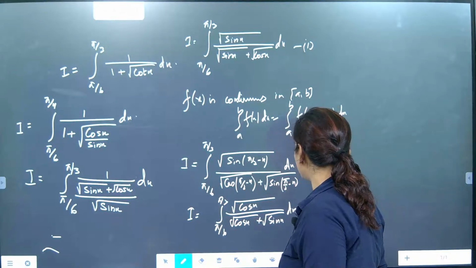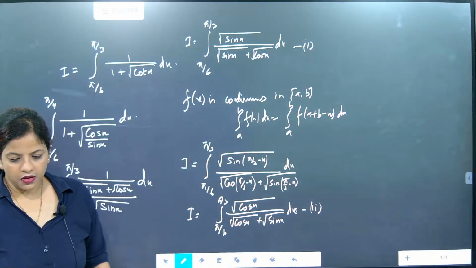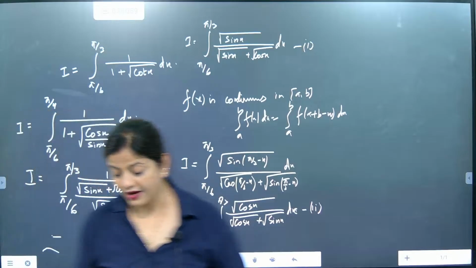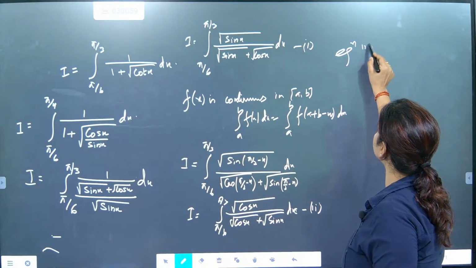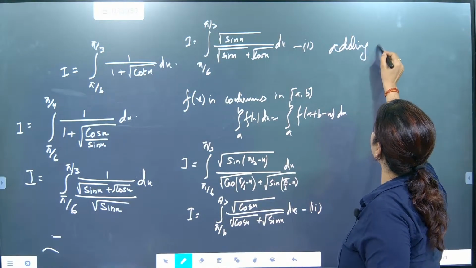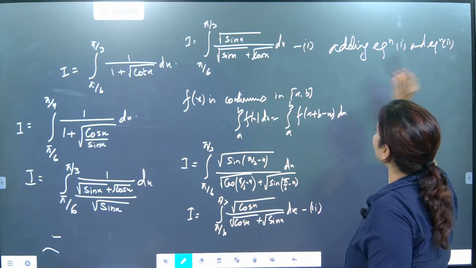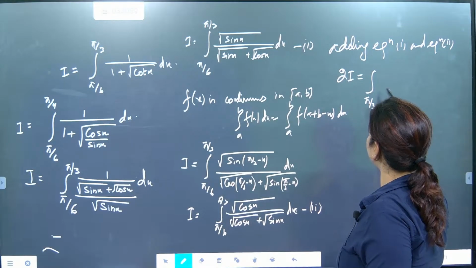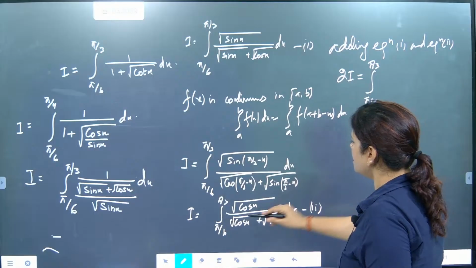Now shall we do one small work? Shall we add them together? Now look here. We will be adding equation 1 and equation 2. So when we add equation 1 and 2, it will become 2I is equal to the integral from pi by 6 to pi by 3, this one and this one.